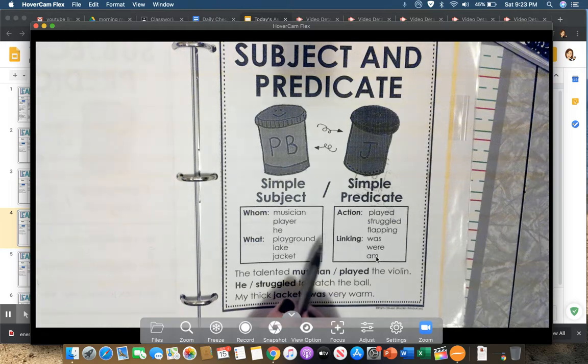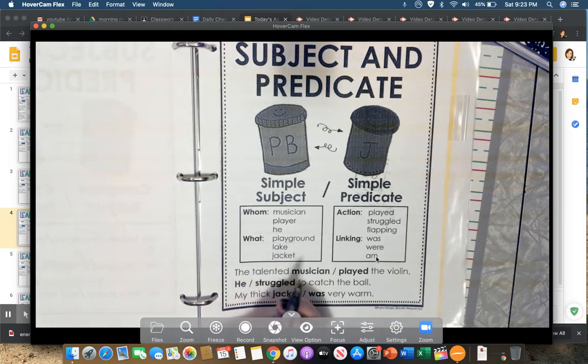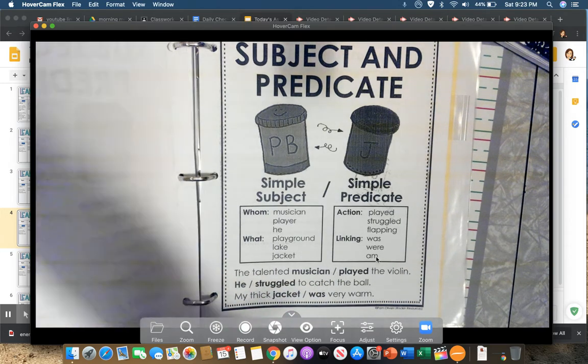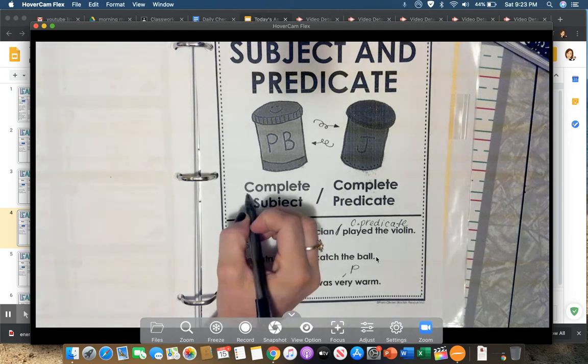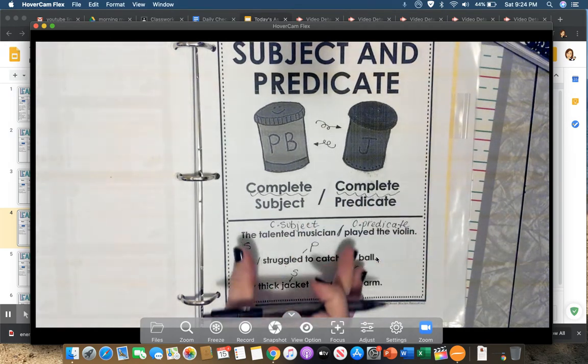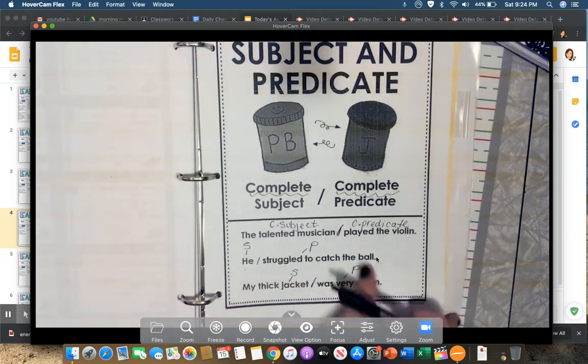So remember that subjects and predicates go together, and sometimes we have simple predicates, simple subjects. So the simple part of it is just the one word. These were complete, okay? When I want you to think complete, I want you to think of the complete subject, the talented musician.